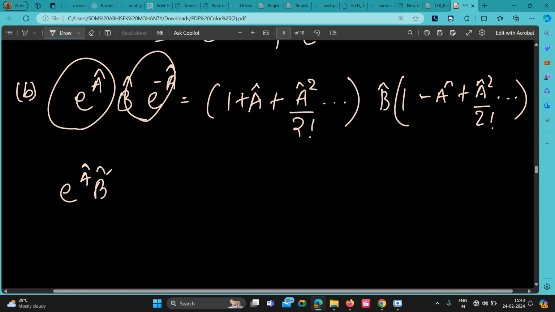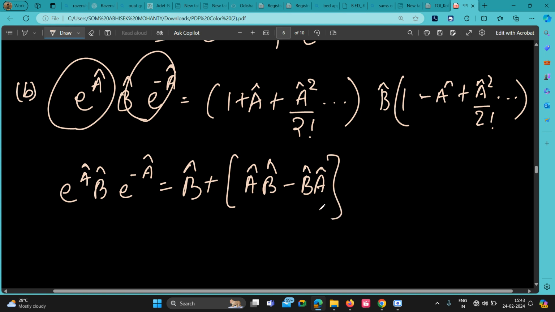Now I'll multiply again, same thing. If you see this, you will be able to solve this: ÂB̂ and here minus B̂Â, so that will give me the commutator. Exactly the same thing will go on here, and you will get something like this.